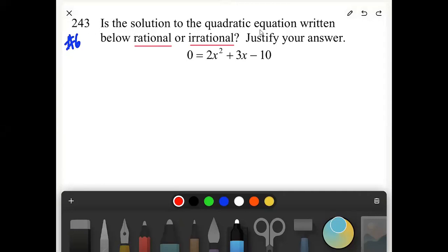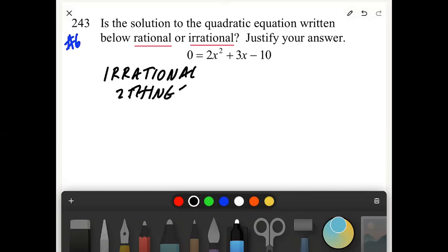It says, is the solution to the quadratic equation written below rational or irrational? And it says, justify your answer. Okay, let's go back over what it means for something to be irrational. In order for a number to be irrational, it has to have two things. One, it has to have decimals that go on forever.